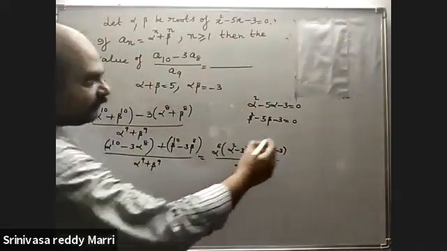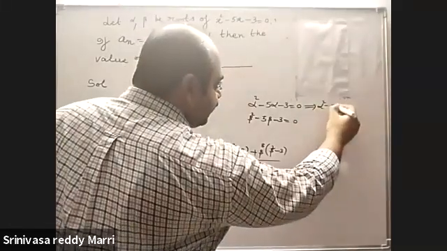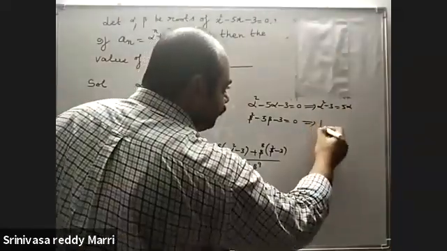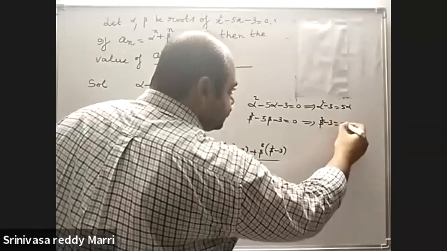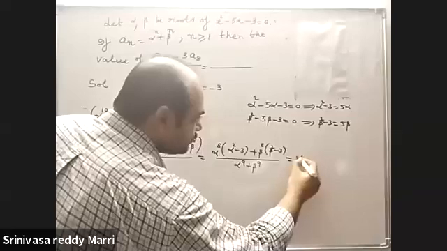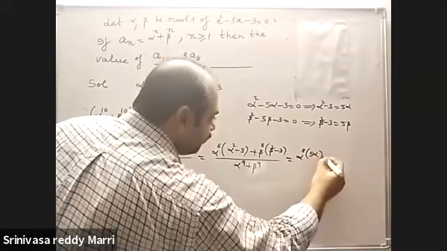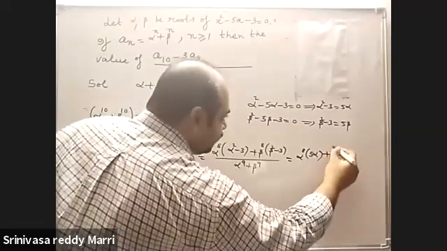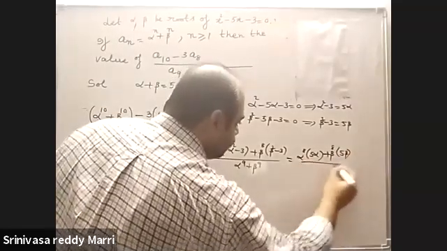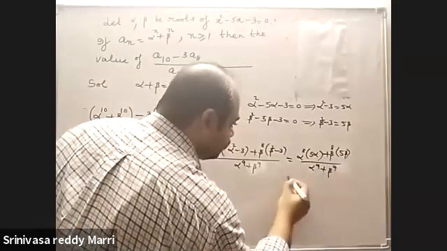Okay, now look at alpha square minus 3 from this equation is nothing but 5 alpha. Beta square minus 3 from this equation is nothing but 5 beta. So therefore, this can be written as alpha to the power 8 into 5 alpha plus beta to the power 8 into 5 beta divided by alpha to the power 9 plus beta to the power 9.